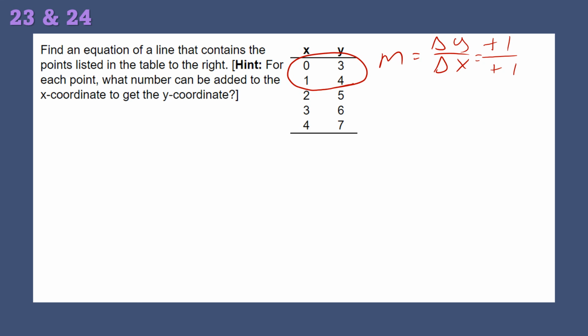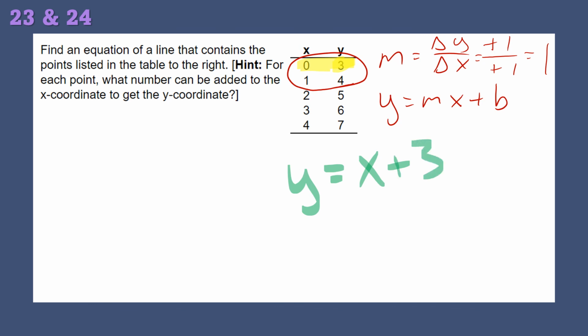It goes up 1. So our slope is just 1. The next thing we need, if we're going to write it in y equals mx plus b, is the b. The b is the y-intercept, and that's also given to us. It's right there at (0, 3), which means we can write our equation: y equals x plus 3.